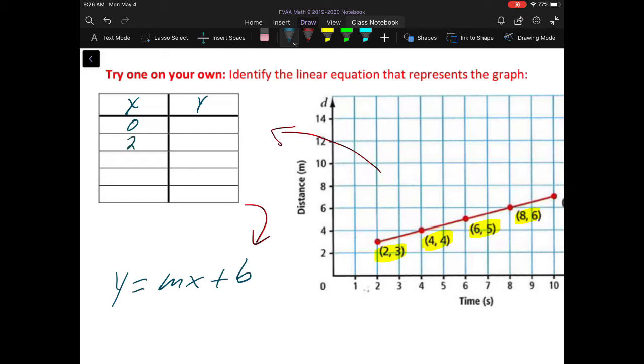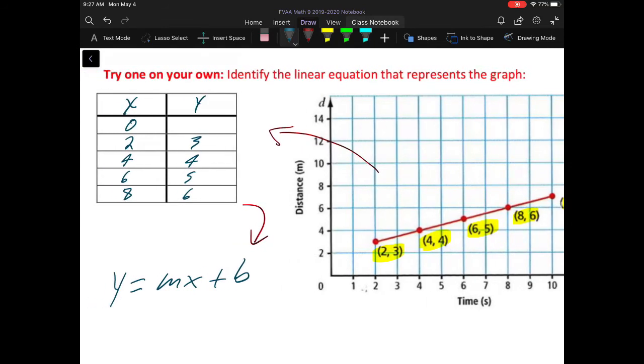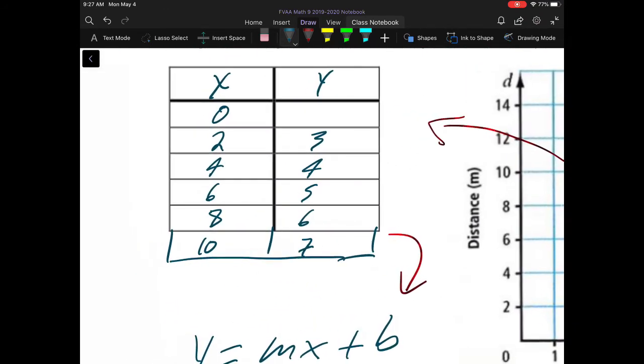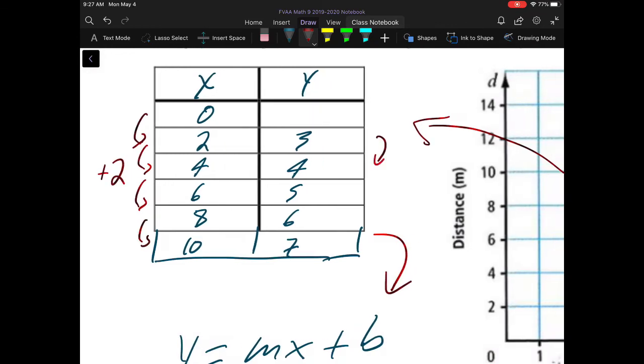So when x is equal to 2, y is equal to 3. When x is equal to 4, y is equal to 4. When x is equal to 6, y is equal to 5. When x is equal to 8, y is equal to 6. And last one, when x is equal to 10, y is equal to 7. Okay? So here we see that x increases by 2 each time, and y increases by 1 each time.